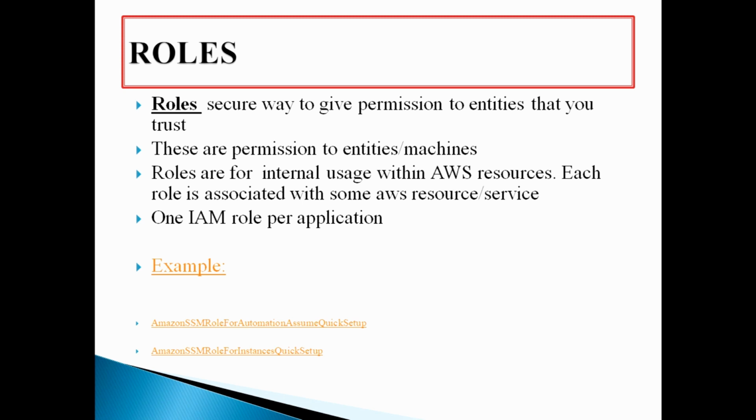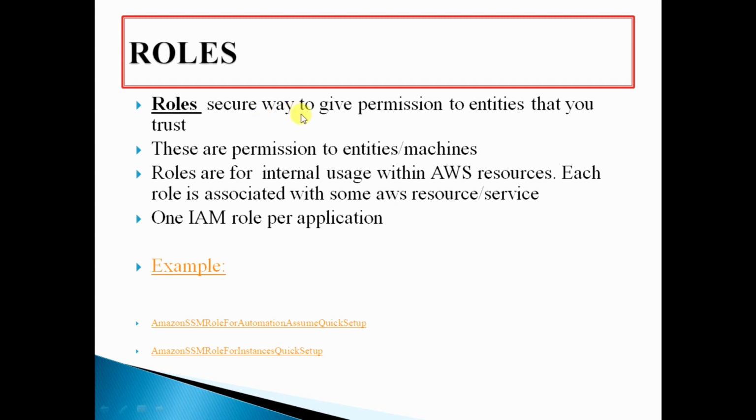This is what a role is for. Like Amazon SSM role for instance quick setup. This is a role which you assign to some service. Like you have an EC2 creation role. That is a role which you assign to, say, the EC2 service, which AWS has.